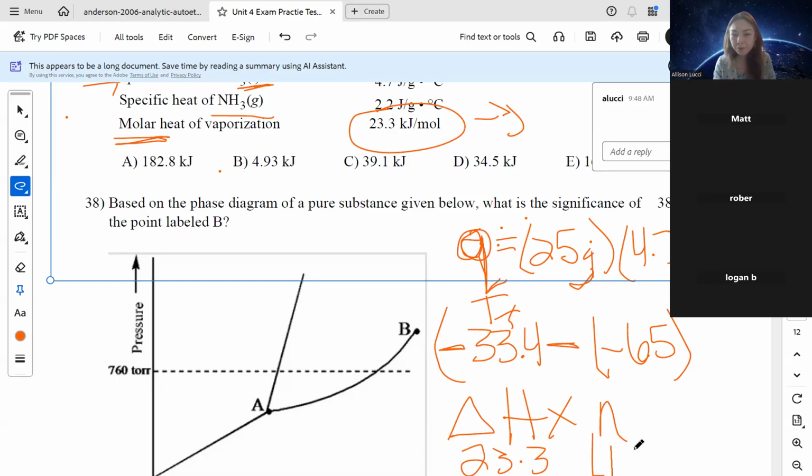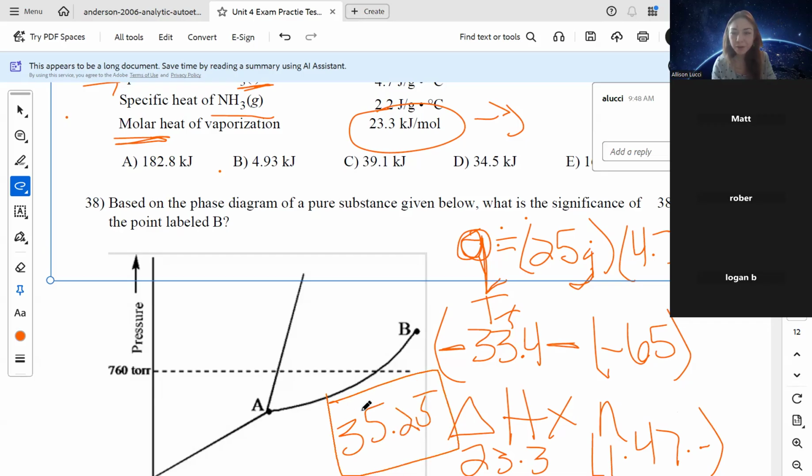I have about 1.47 moles. So I do 23.3 times 1.47. Remember, this would require more heat than just heating up our liquid. Actually doing this phase change, we would find we need to put in 34.25 kilojoules.